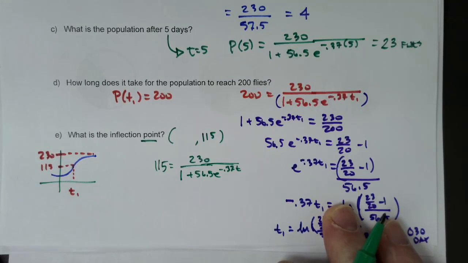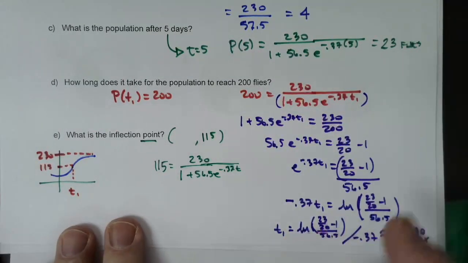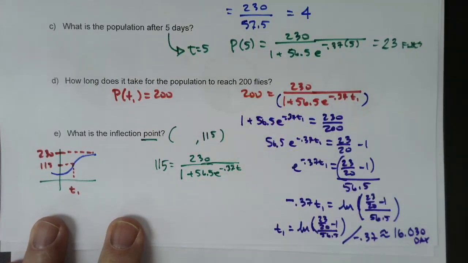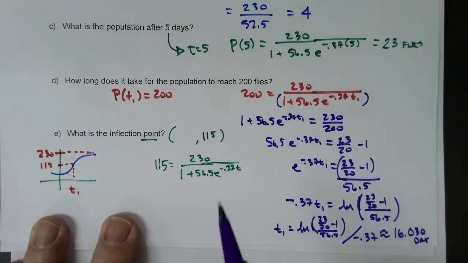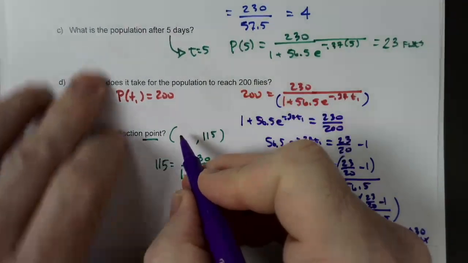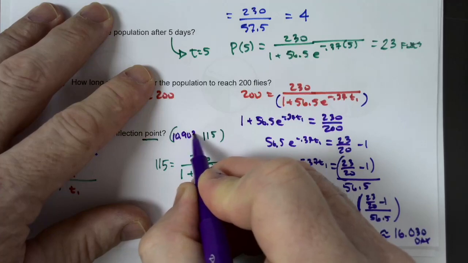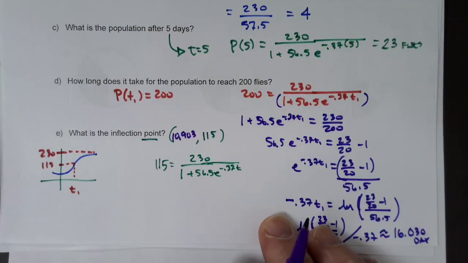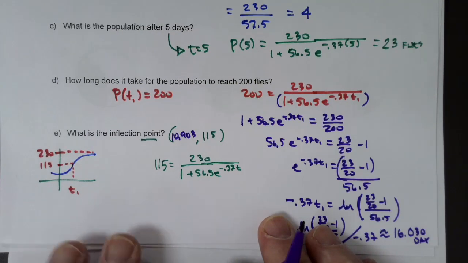And now I'm looking at saying, man, all that algebra I did over there, I should have just taken the time to put that in my calculator and found the intersection. And if we did, we would find that indeed this t is at 10.903 days.